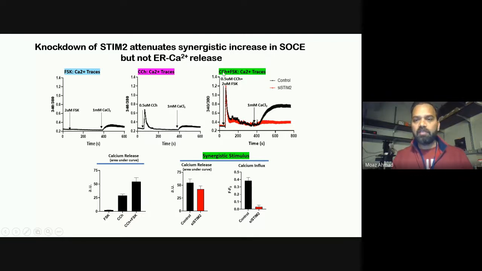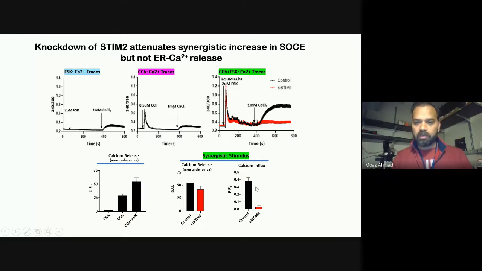Interestingly, when we use the synergistic stimulus, it causes substantially increased calcium release. And the most important thing is, we see a significant increase, several fold, in the SOCE. Even more interesting, when we knock down Stim2, there is no effect on the calcium release, but calcium influx is substantially reduced.